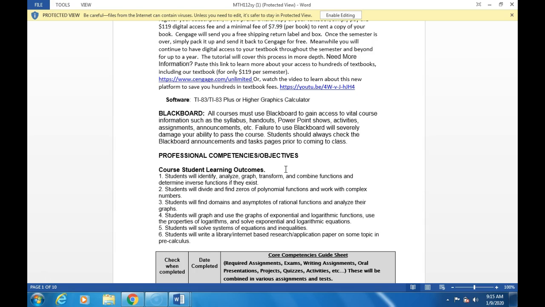Okay, professional competencies and objectives. Student learning outcomes. Students will identify, analyze, graph. This book loves graphing, folks. Transform and combine functions and determine inverse functions if they exist. Wow. Okay?